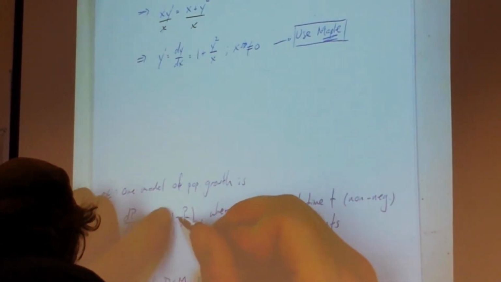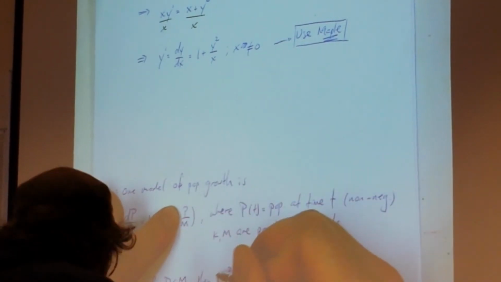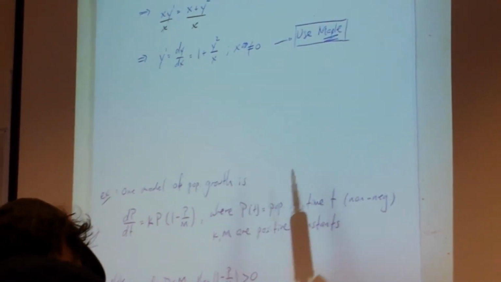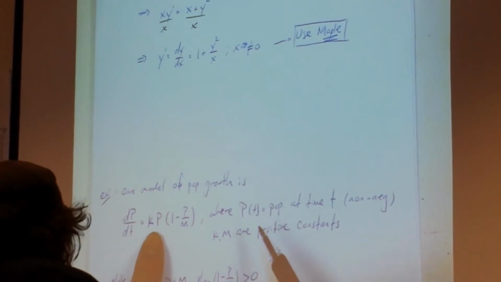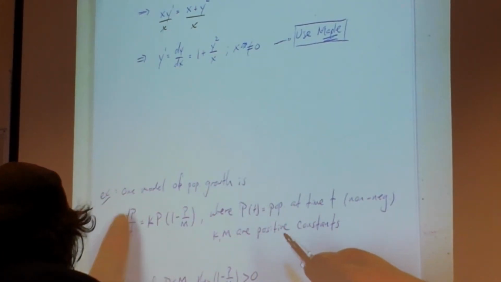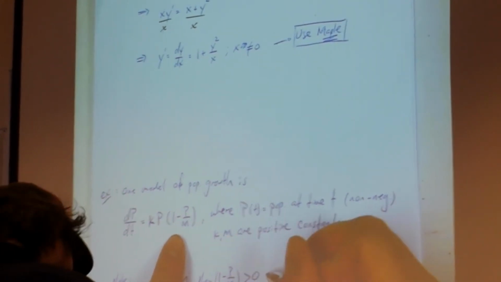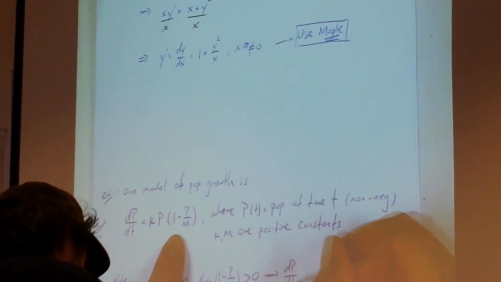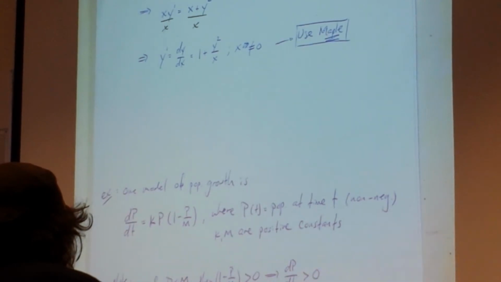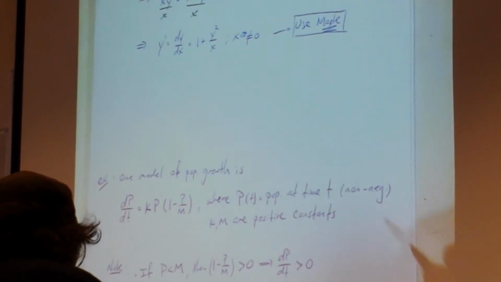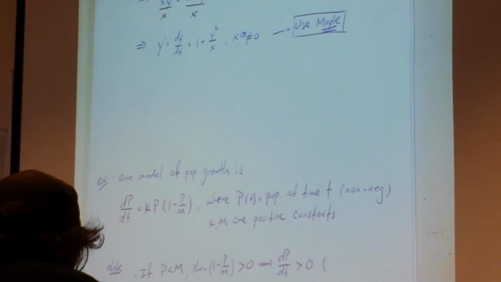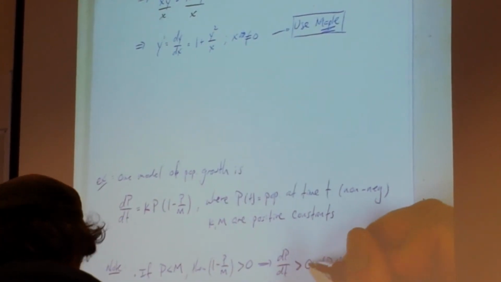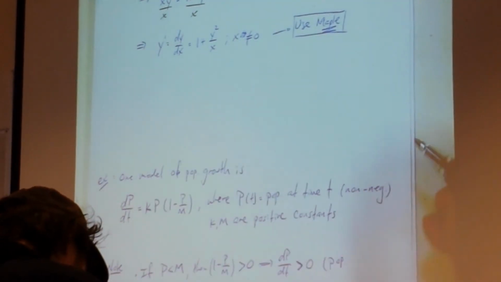Because we're talking about 1 minus a fraction less than 1. All right, and K is positive, so I have a positive times a positive. That means that dP/dt would be positive. And that means, what about the population? Mm-hmm. If the time rate of change is positive, that means the population is increasing.